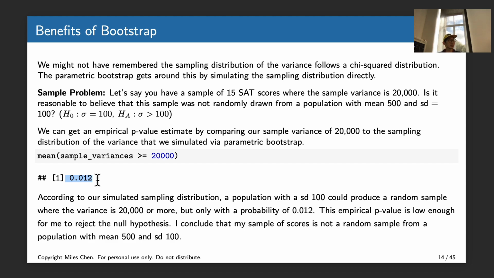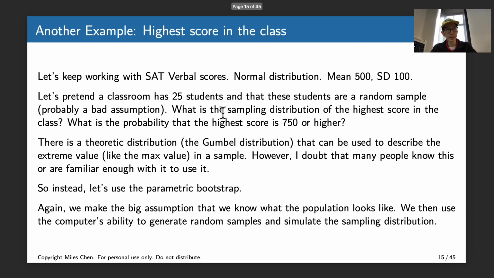That's going to be our conclusion here. Because my p-value is small, this is an estimated empirical p-value, we're going to conclude that the null hypothesis isn't true in this case. Okay, does that kind of make sense, the process here? Okay.